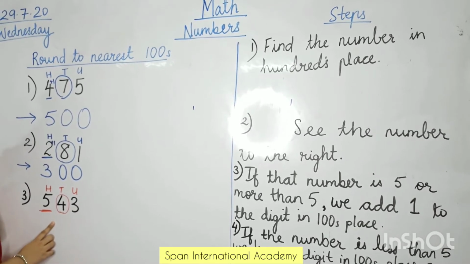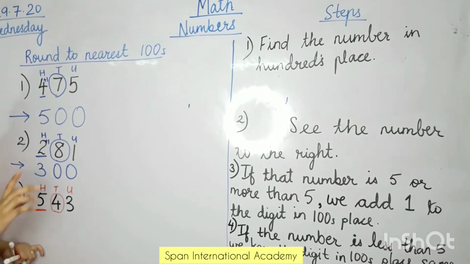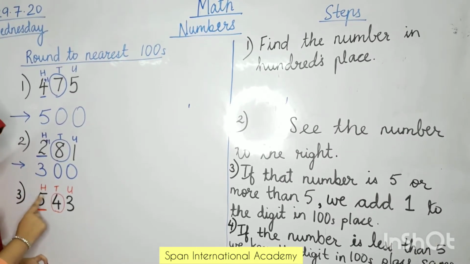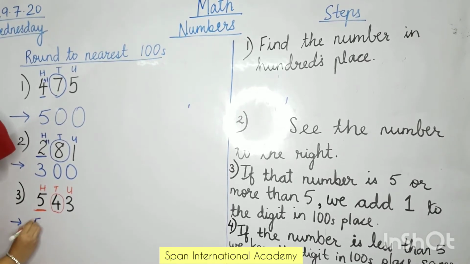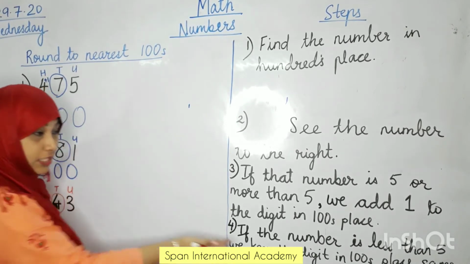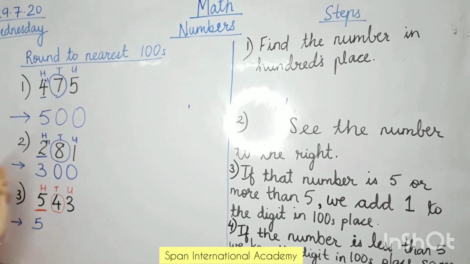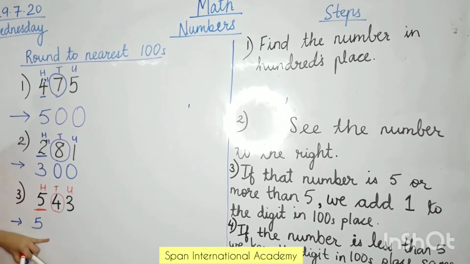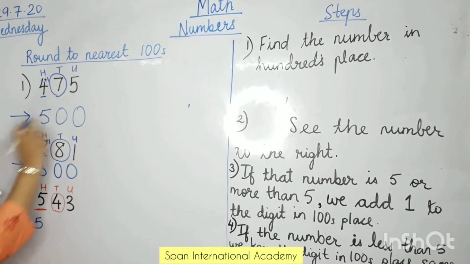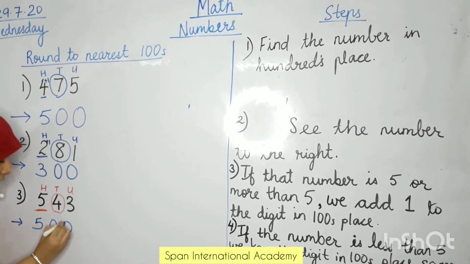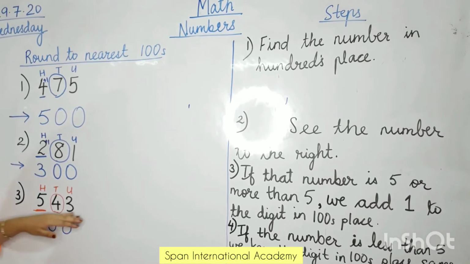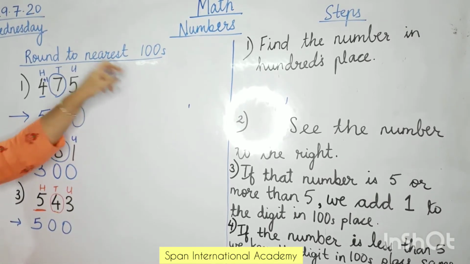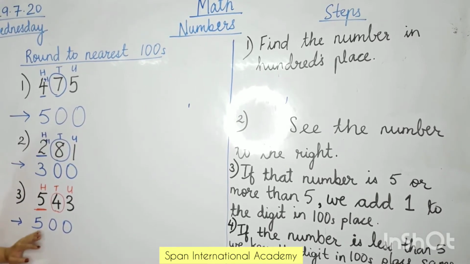So what will we do? We will keep 5 as it is. And as we were doing previously, we will put a 0 for the other place values. So when I round 543 to the nearest hundreds, I get the answer as 500.